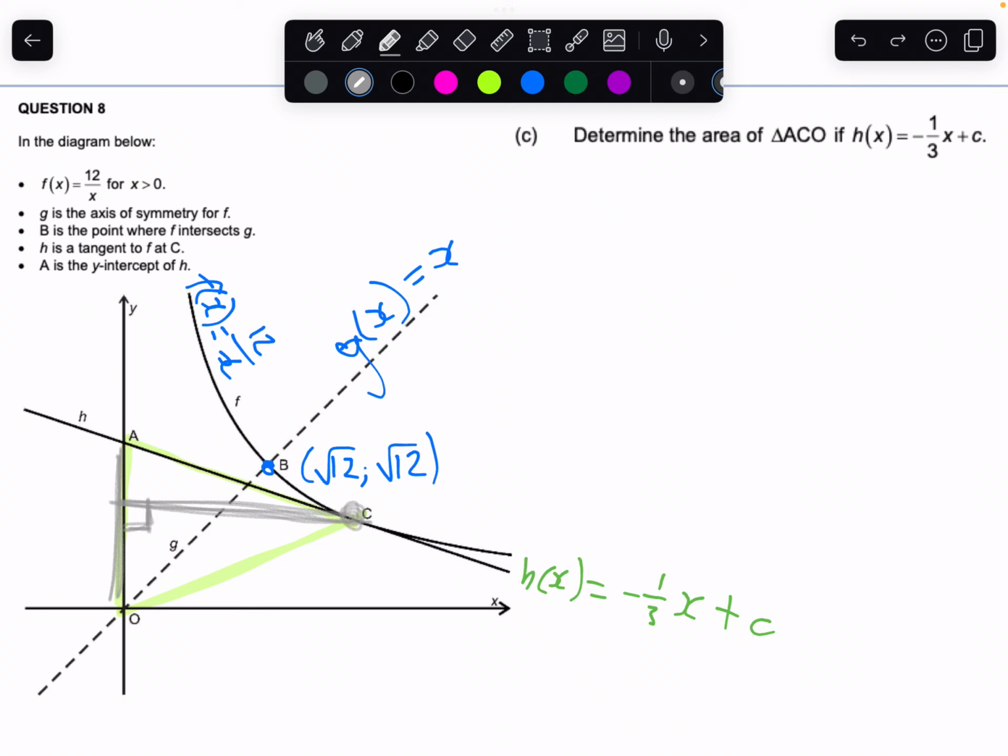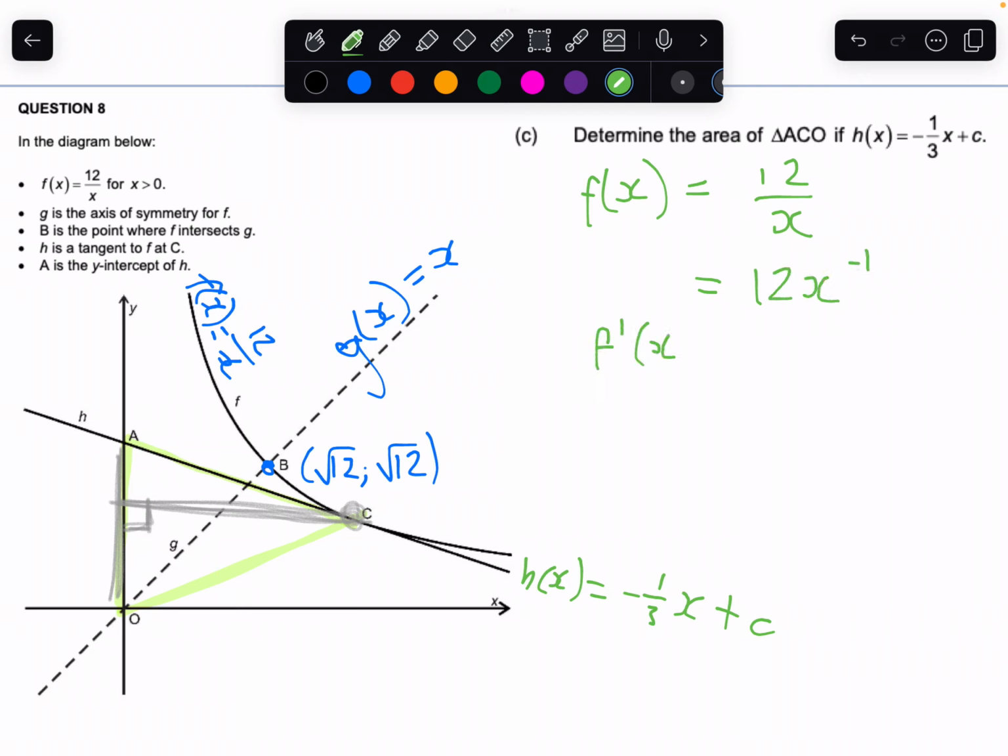So we need to figure out, okay, at what point on this hyperbola do we have a gradient of negative a third? So let's do that. We know that f of x is equal to 12 over x, which is the same as 12x to the negative 1.